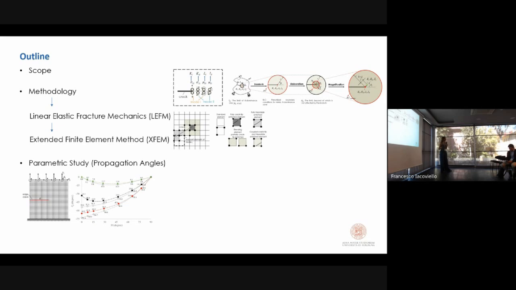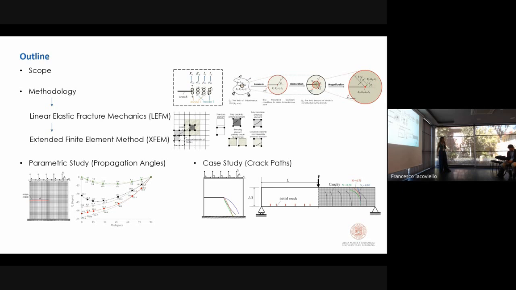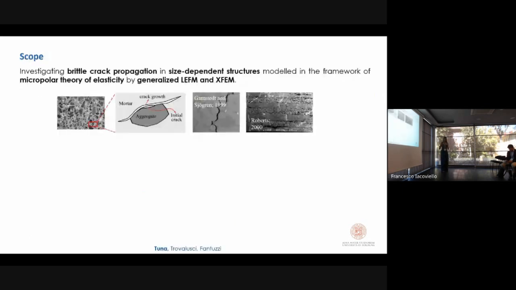Afterwards, I will continue with the parametric study that we use to obtain and interpret the results of propagation angles, considering different levels of non-locality and mixity ratios. Finally, I will show the difference between crack paths in classical and non-classical continuum. And lastly, I will finalize my presentation with concluding remarks and possible future works that can be done.